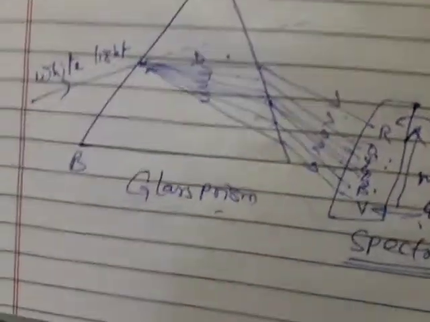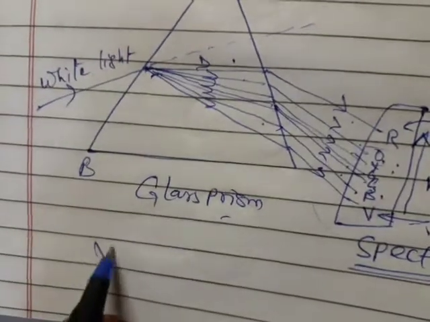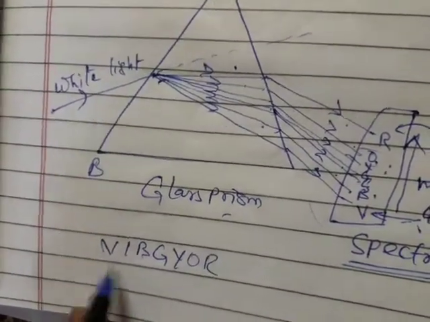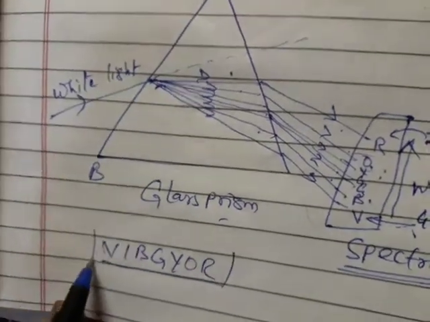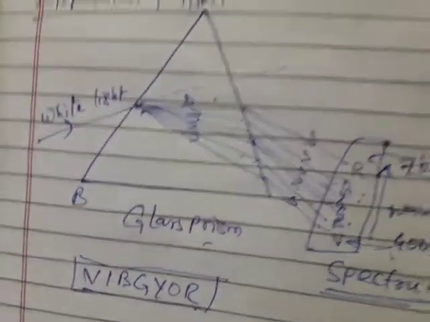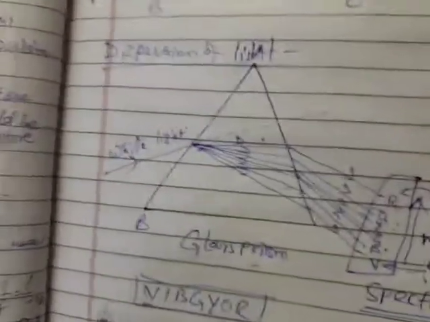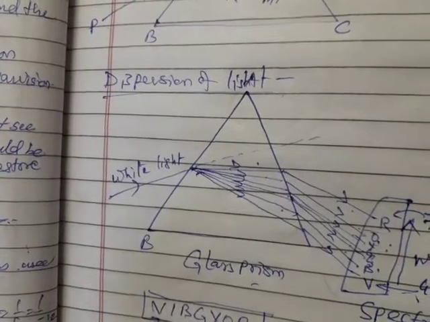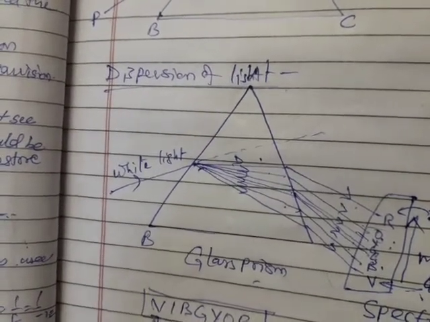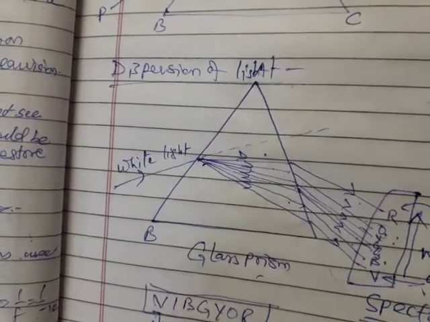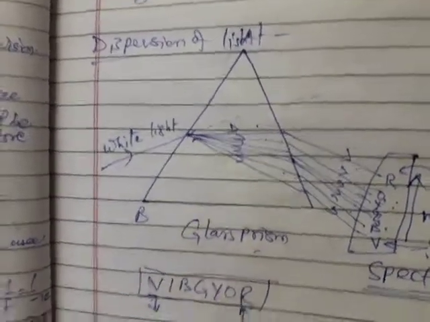So we can remember the band of 7 colors as VIBGYOR from the smaller wavelength to the higher wavelength. Please students remember that the bending of the ray of light of violet is highest and of red is smallest. Okay, thank you.